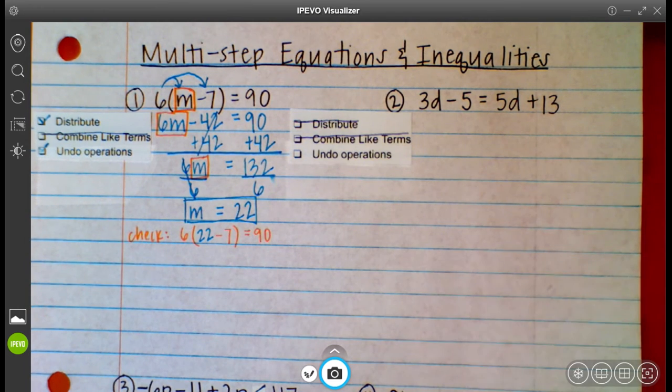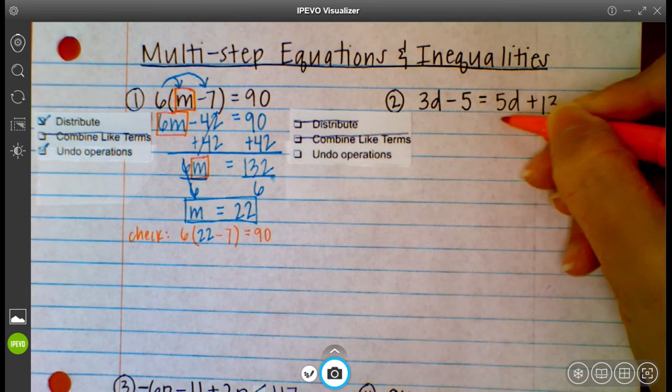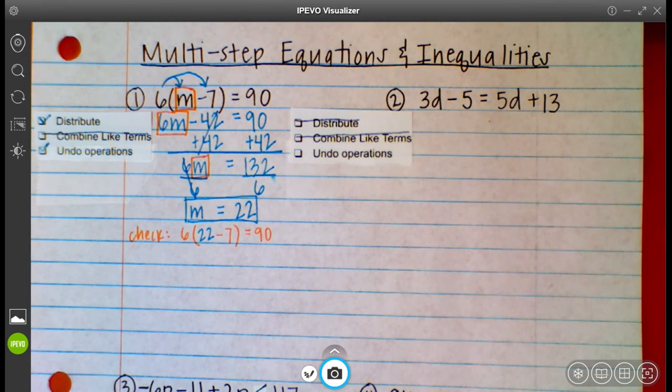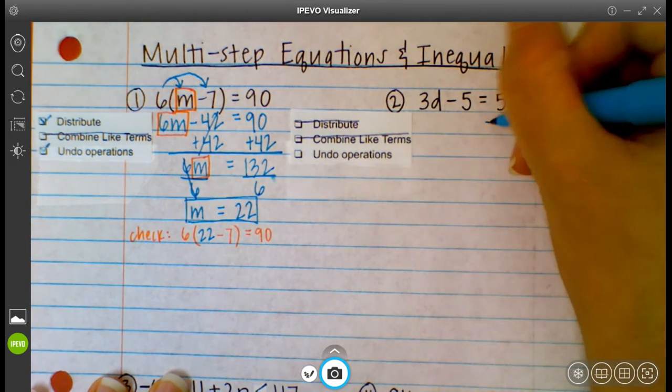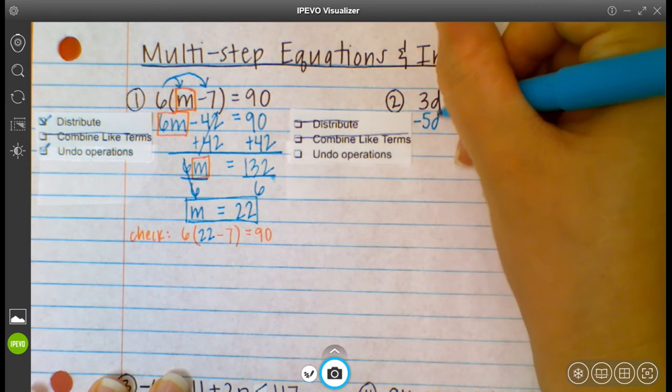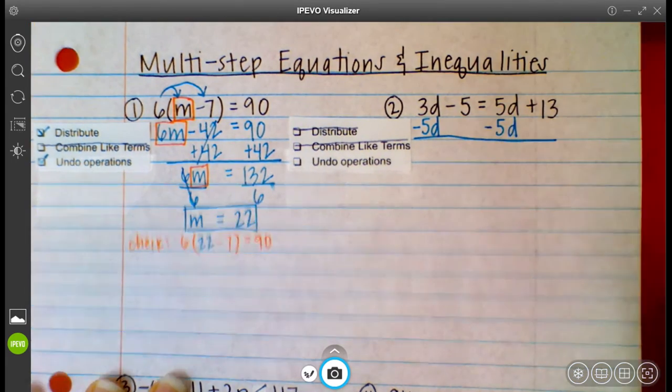So a quick way to do that, guys, is since 5D is positive, we're going to subtract 5D to get all of our D's on one side by the opposite operation.